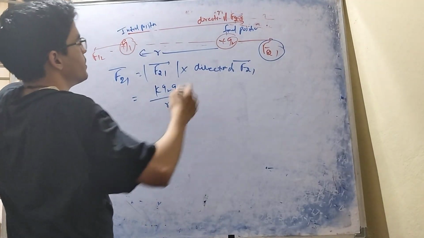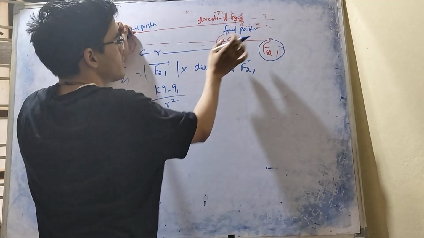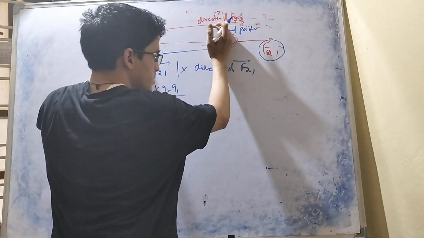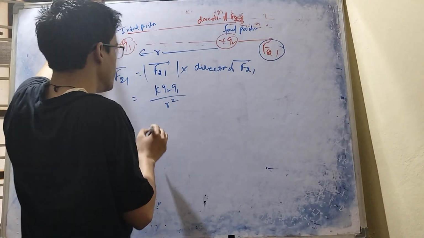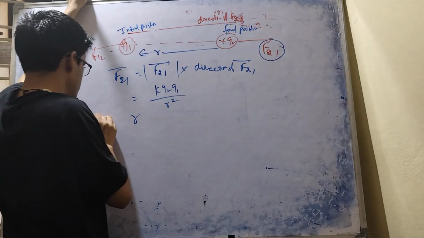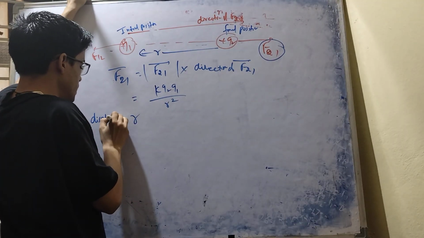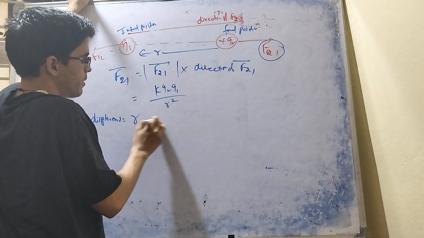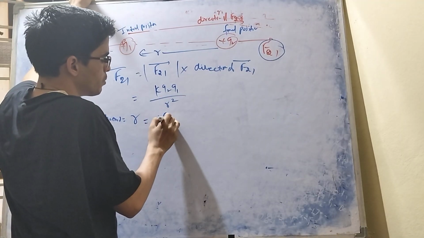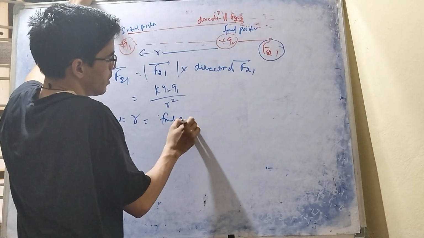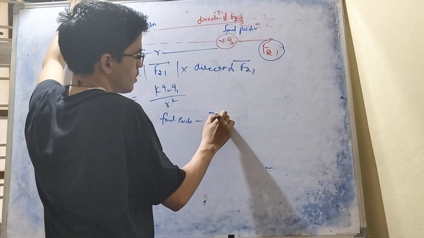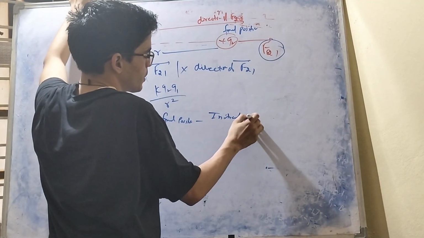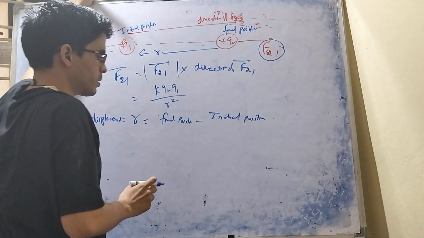You already know this is charge 1, Q1, and this is charge 2, Q2. What is displacement? R value. Displacement R equals final position minus initial position. Correct?